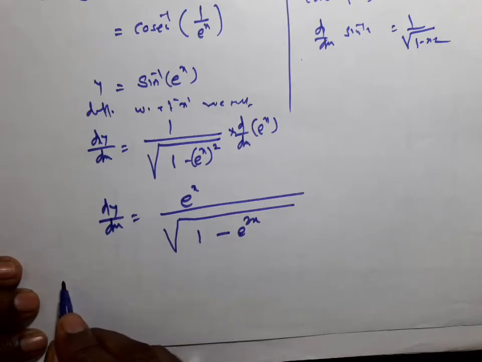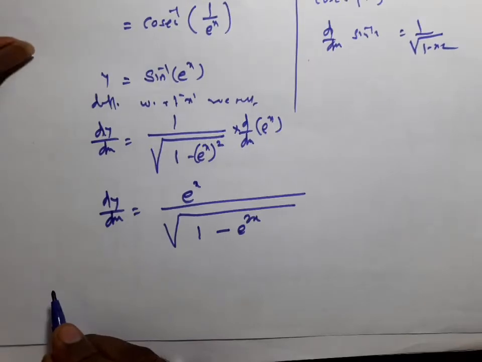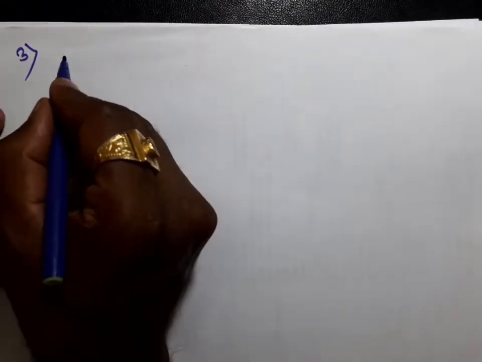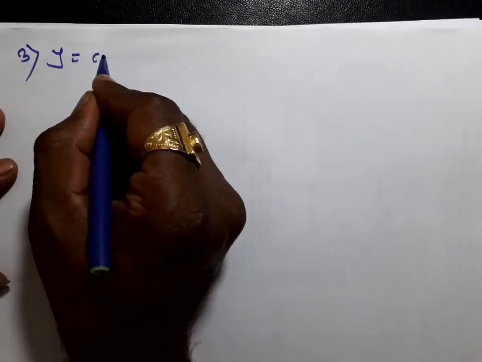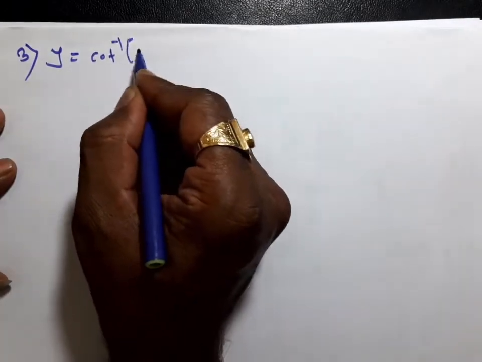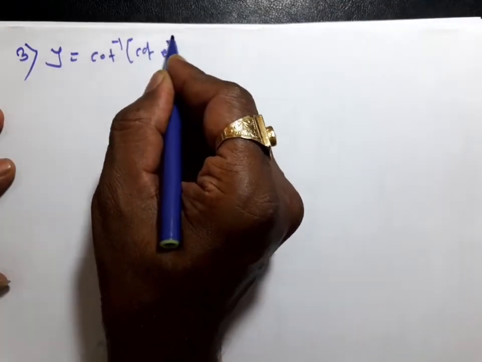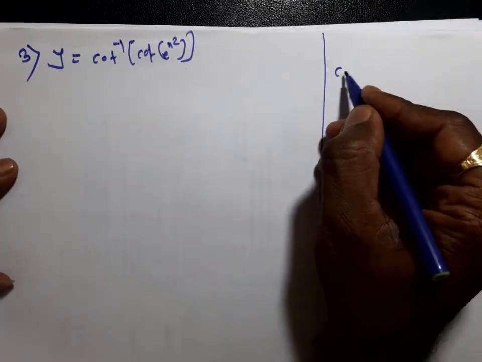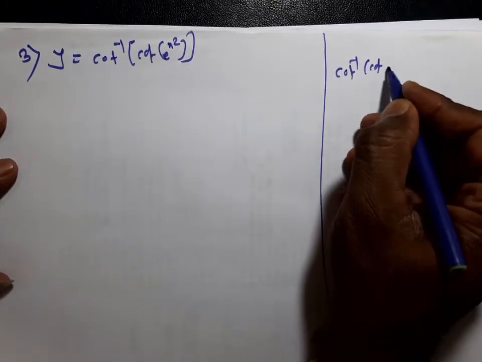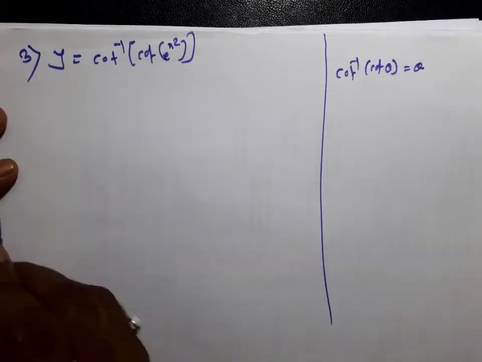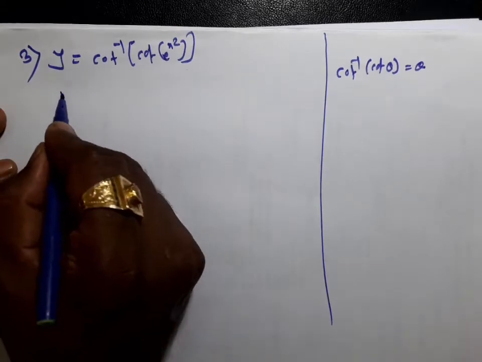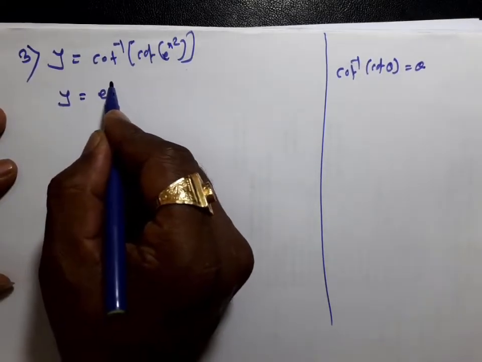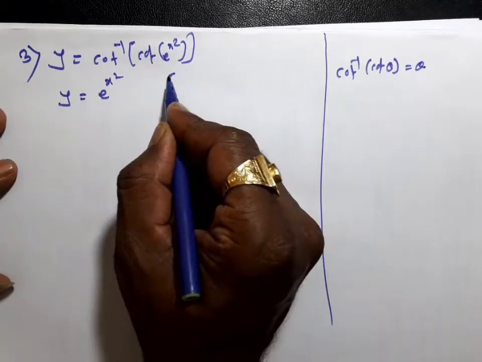Next, example number 3. Y is equal to cot inverse of cot e raised to x square. So I am writing the rule here. You know that cot inverse of cot theta is equal to theta. So this is nothing but e raised to x square.